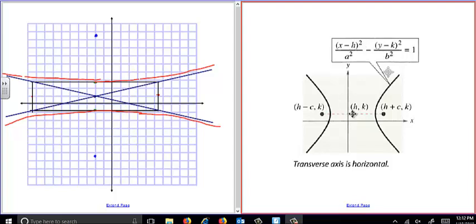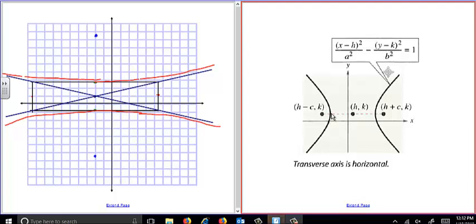Now from the center, take the h coordinate, which is the x coordinate, and go in the x direction minus c units, that would be the location of the focal point here, and you go the other direction, the same distance, so it's h plus c. That would give you the location of the focal points.